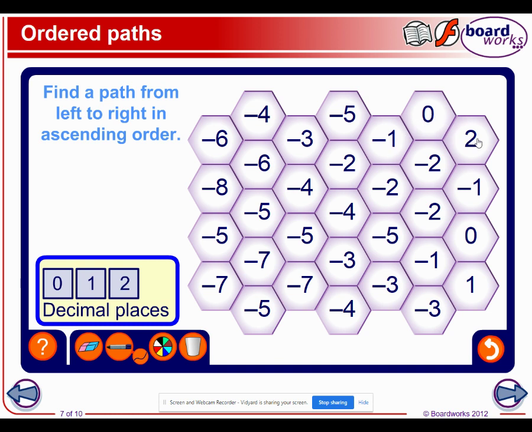And 0 is smaller than 2. So kind of a fun little game there. Just trying to use the pen. Here we go. So this is the path that we would go for that one.